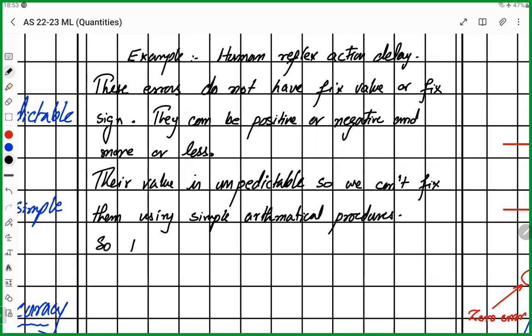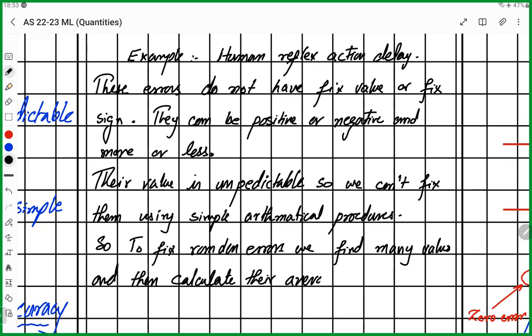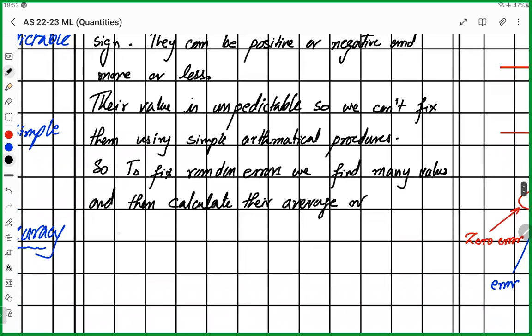To fix random errors, we find many values and then calculate their average, or plot a graph and sketch a best fit line or curve.